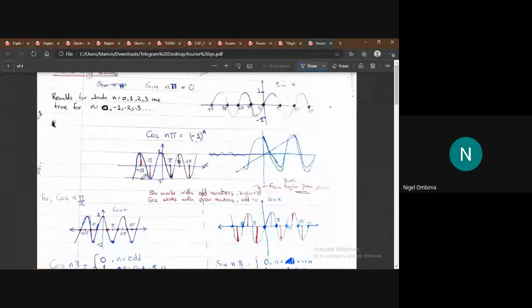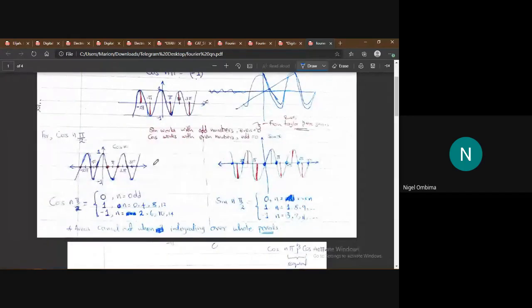So to cos x, this is our cos x graph with a period of 2 pi. The same thing for sine here. Now it will give a different answer for cos. So cos n pi is equal to negative 1 power n from this graph. Another useful piece of information is for cos x, whereby x is pi over 2.